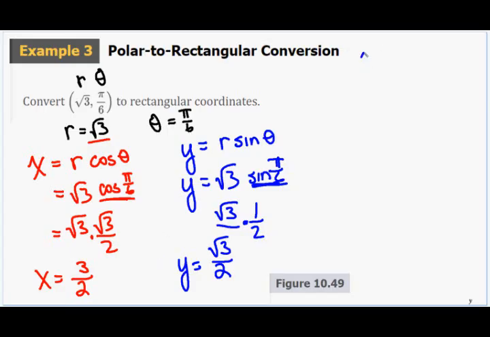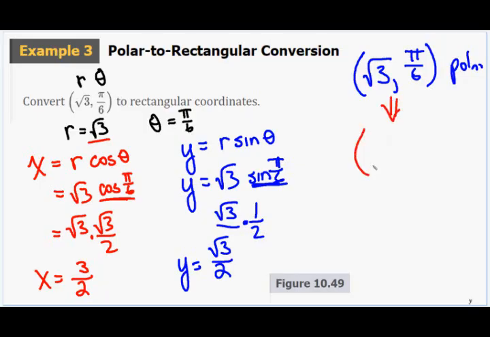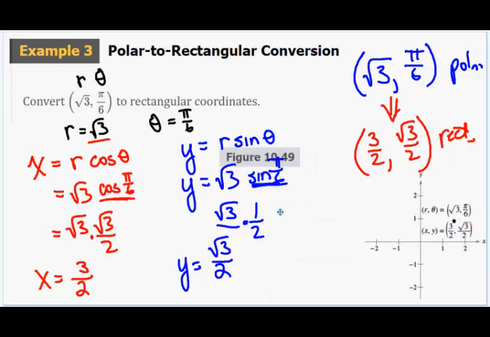So what we did here, our polar coordinates were root 3, comma pi over 6, polar. And then we converted that into something we could graph in the rectangular system. That would be 3/2, comma root 3 over 2. Those are our rectangular coordinates. What does this look like graphically?